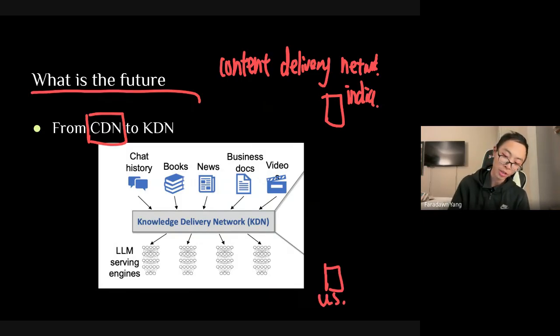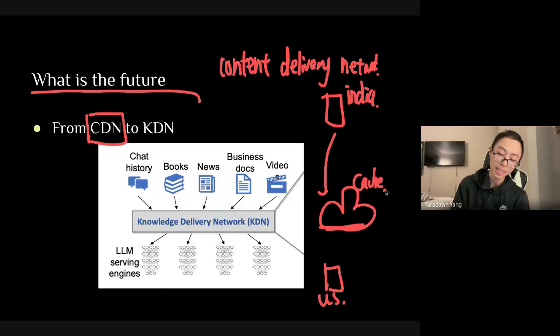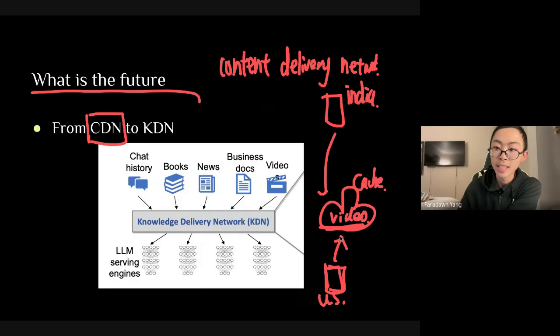Do you need to fetch it from overseas in India? YouTube has a CDN between India and the US that caches those contents overseas. So they will cache those videos here, and the US consumers can directly pull from those caches that are nearby to them.